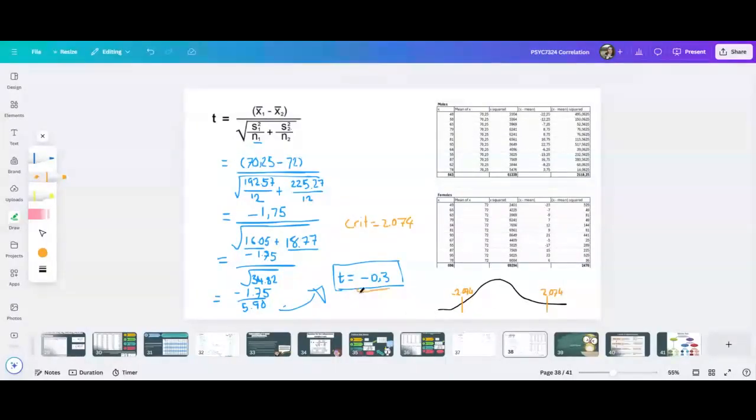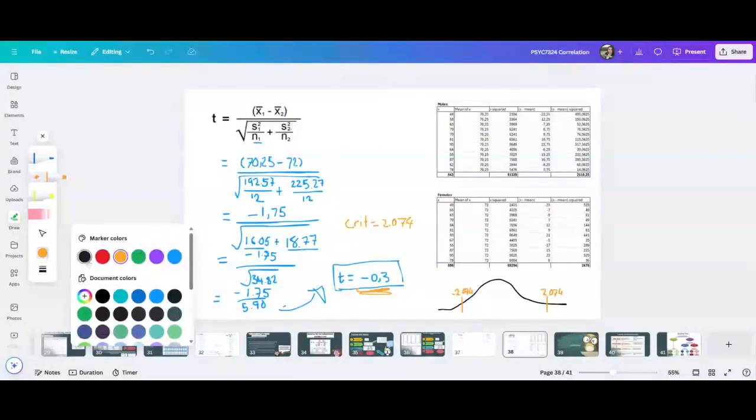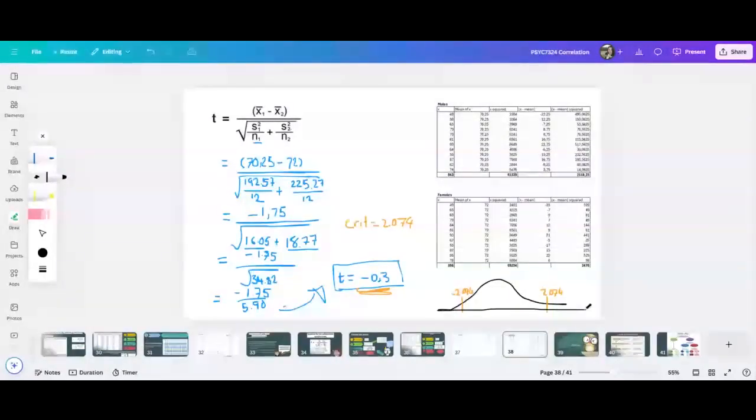Okay, now, so where does our t-value fall on this line? Is it bigger or smaller than negative 2.074? And this is always the one that makes you think twice because of the negative number, but is it closer to 0 than this one?